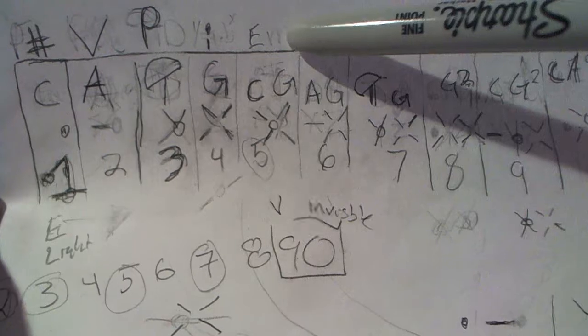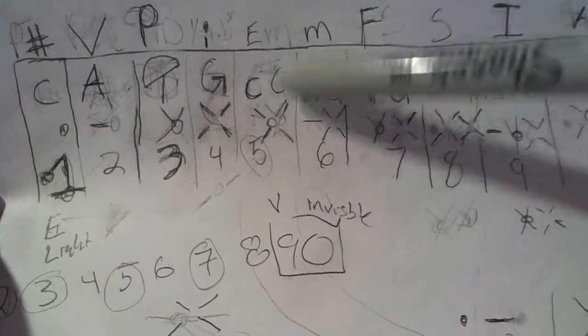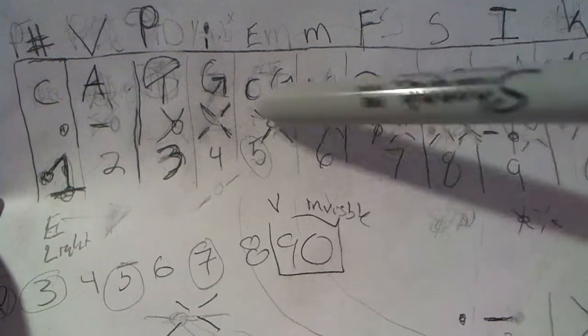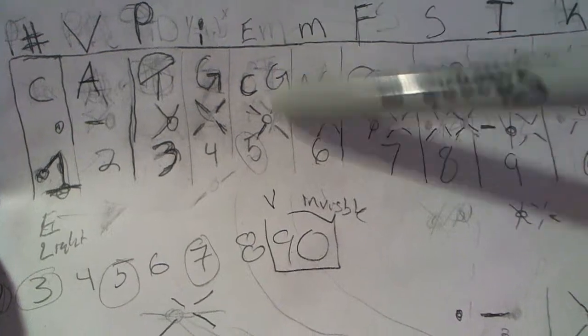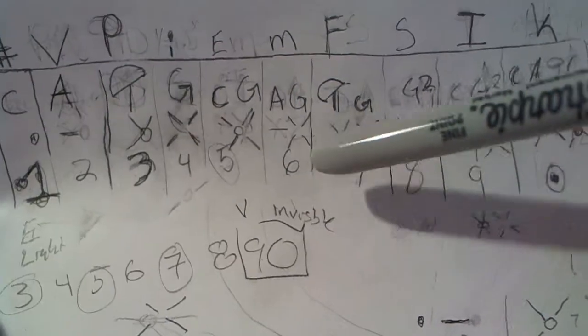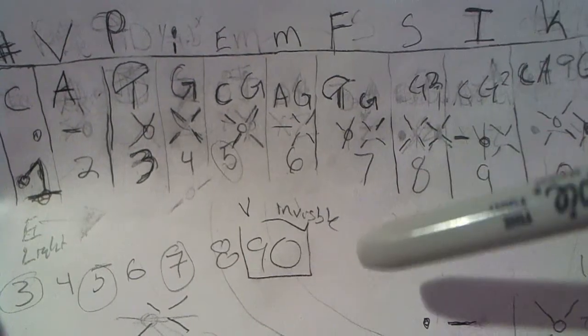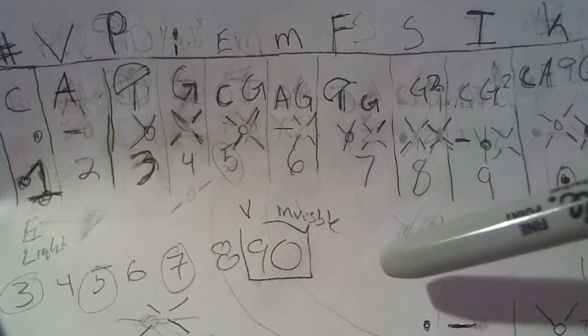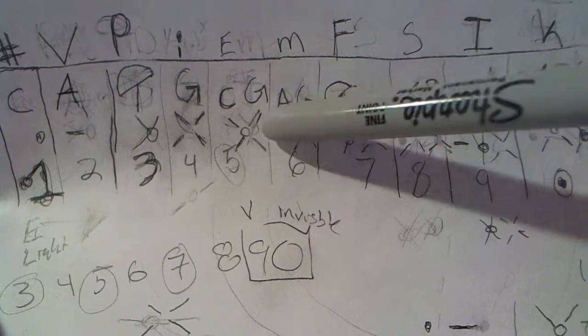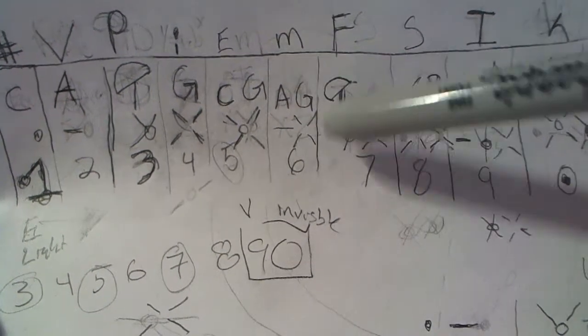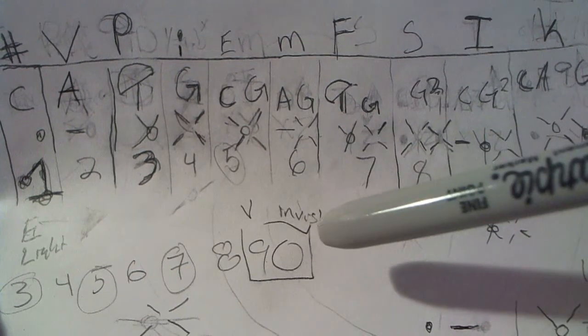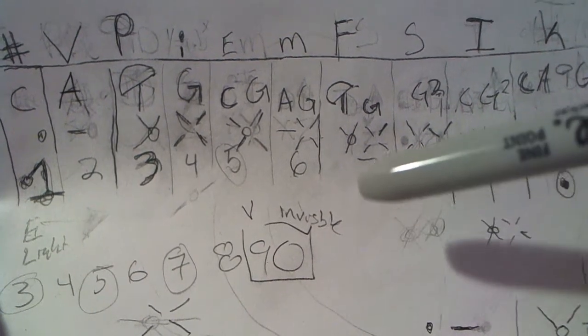E is electronic, and that's because it's got a C and a rotation, so it's rotating electrons, is energy. And then we've got magnetic, which is light in rotation, so that creates a magnetic bond.